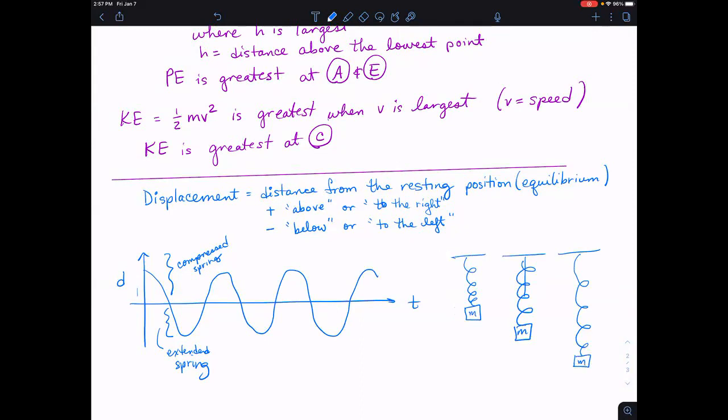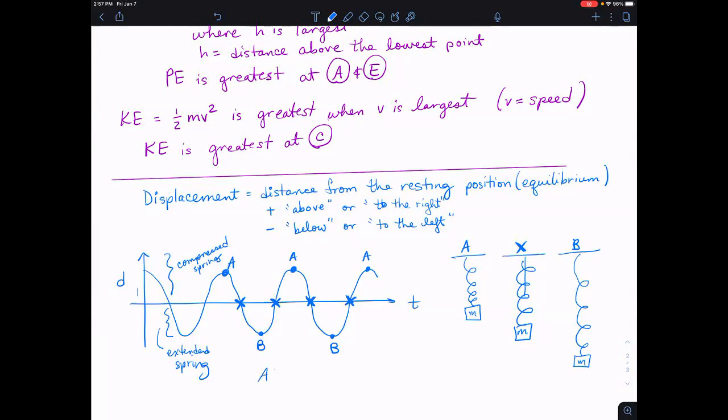Okay. So all of these peaks here, I'm going to label as A, would correspond to the most compressed spring. These points, these marks with the X's, correspond to going through the equilibrium position. And then these points that I'm marking B are when it is fully extended spring.